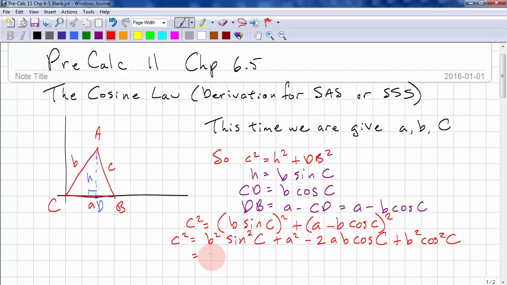I'm going to put the a squared first, and then I'm going to have b squared sine squared C plus b squared cos squared C, and minus 2ab cos C.